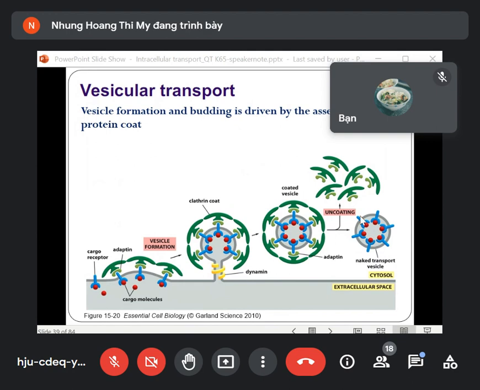So the naked vesicle now can fuse with the target membrane. So to do the fusion, just remember, the coat must be removed before the vesicle fuses with the target membrane.